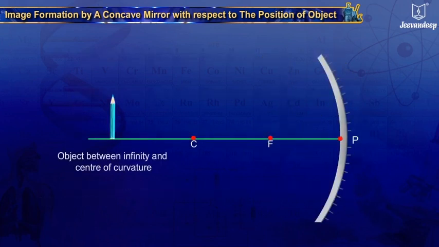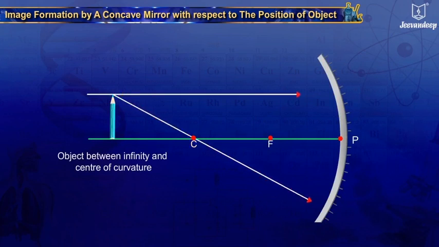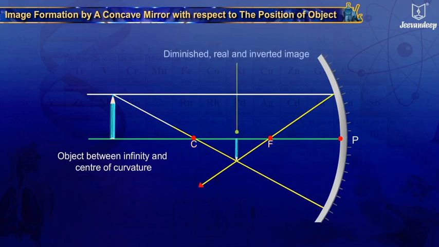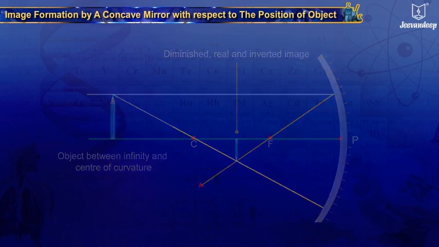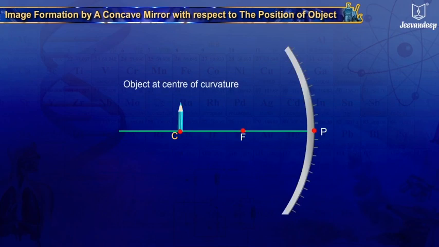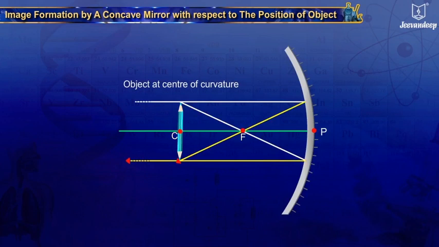When the object is between infinity and the center of curvature, the image is formed between the focus F and the center of curvature C. The image is diminished, real and inverted. When the object is at the center of curvature C, the image is formed at the center of curvature C. The image is of the same size as that of the object, is real and inverted.